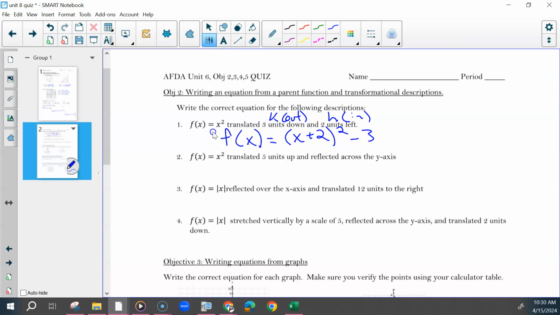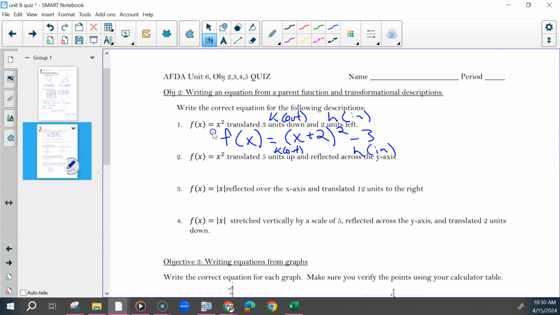And then your 2 points were, did you do both parts correctly? If you start adding in things that aren't there, you get points taken out, so don't do that. Questions on that one? The next one, 5 units up, again, k, outside, reflected across the y-axis. That's doing this, that's horizontal, which would be inside.